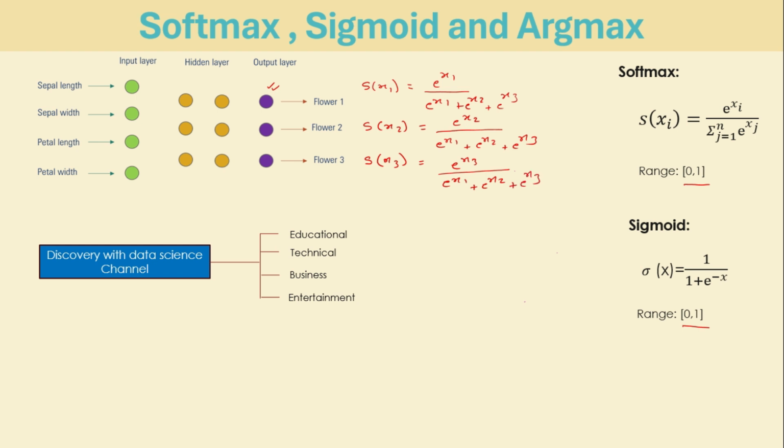And if we add all of them together, Sx1 plus Sx2 plus Sx3, it becomes e to the power x1 plus e to the power x2 plus e to the power x3 divided by e to the power x1 plus e to the power x2 plus e to the power x3, which means it is going to be 1.